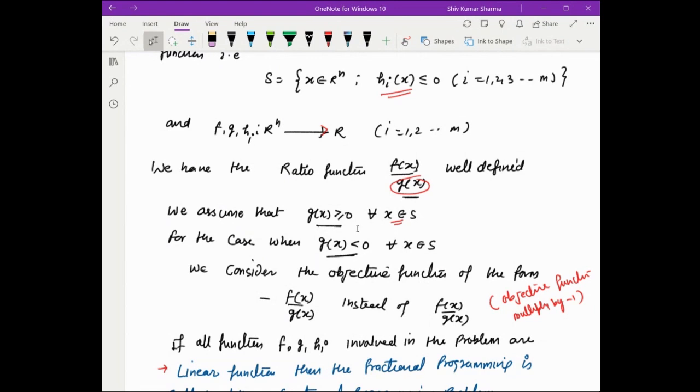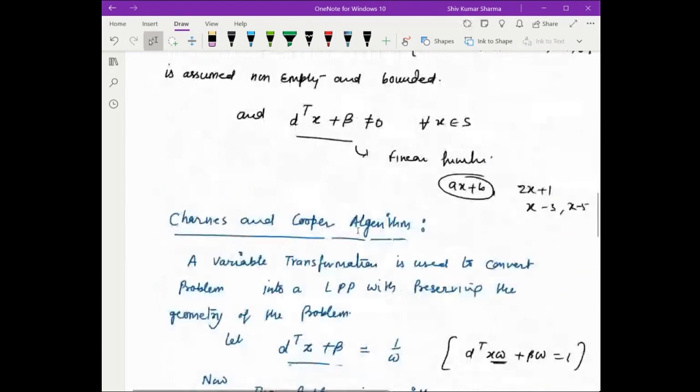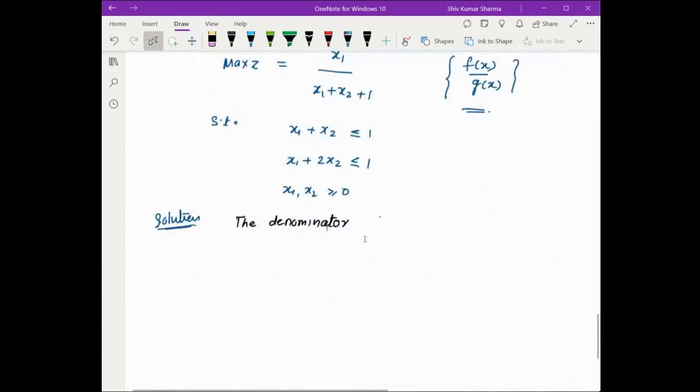In case gx is less than 0, we multiply this objective function by minus 1. So remember this. The denominator of this problem is x1 plus x2 plus 1. Is this greater than or equal to 0, or less than or equal to 0? Which one is correct, Dipanshi?